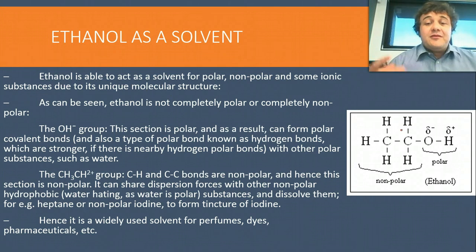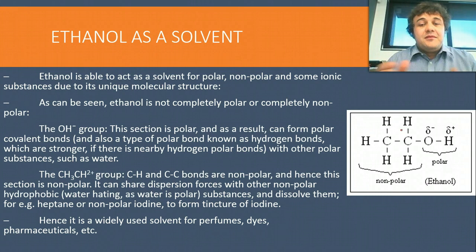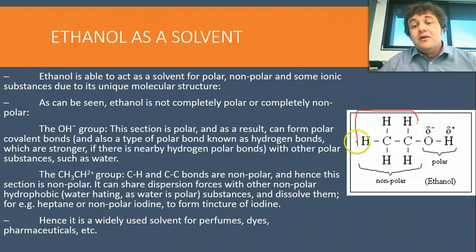The OH group at the end is polar, and therefore it can form polar covalent bonds with other substances, and also hydrogen bonds, such as with water. Any hydrophilic compound will dissolve because of the polar end. Hydrophobic compounds, which are insoluble in water, will dissolve here too, okay?